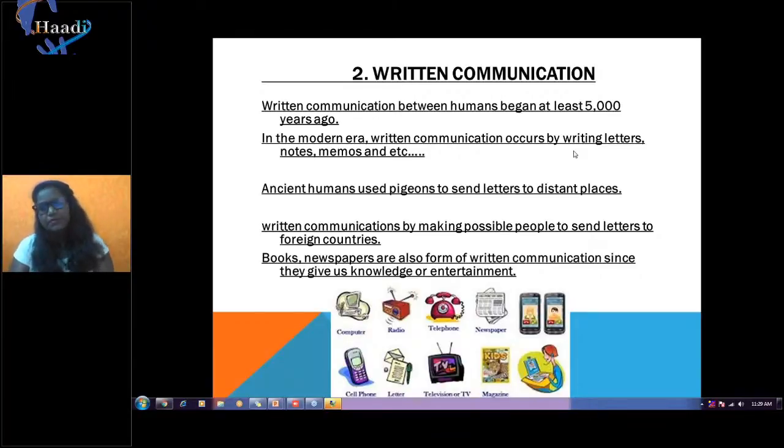But written communication made it possible for people to send letters to foreign countries within seconds. Nowadays we send messages and they get delivered in a few seconds. Books and newspapers are also a form of written communication which give us knowledge and entertain us.